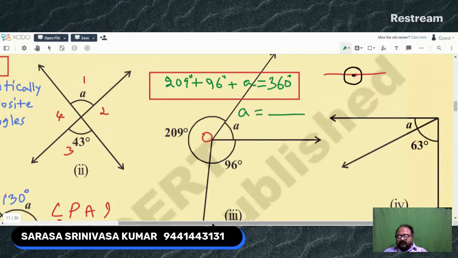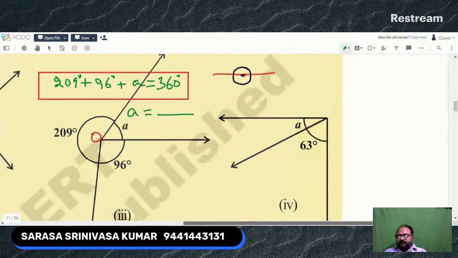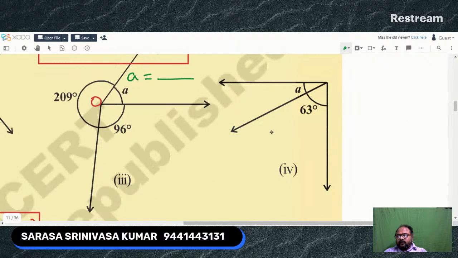Now let us consider the next problem. Observe the diagram.